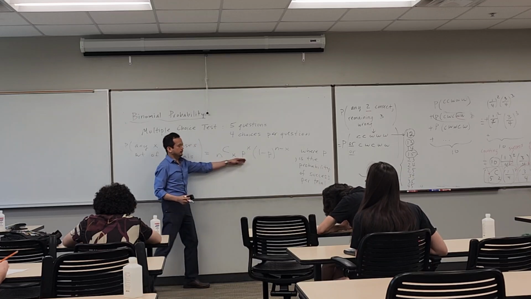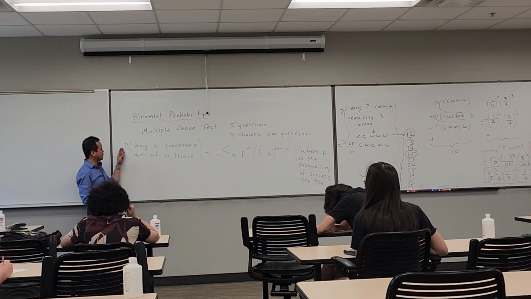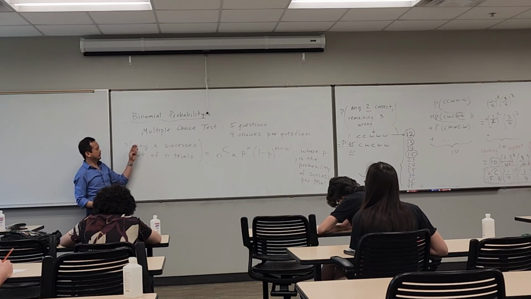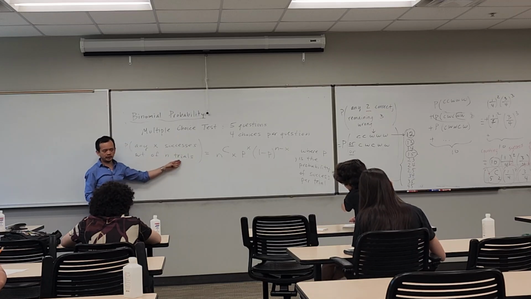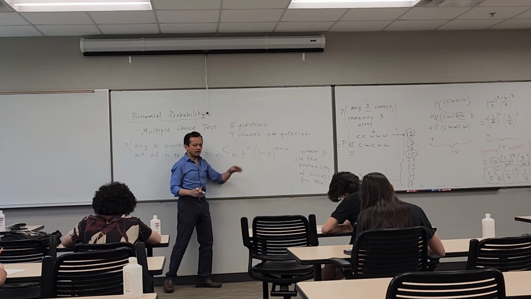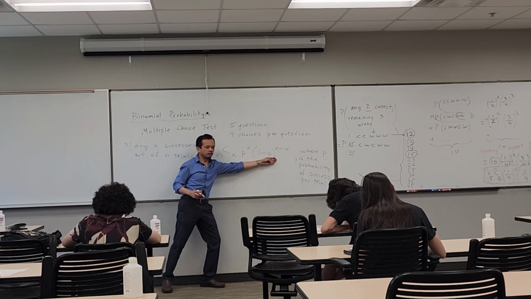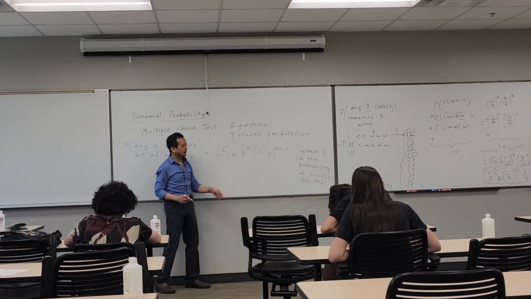So this is the general formula for the probability of any situation that has this structure, which is the probability of any number of successes out of another number of trials. In that case, as long as assumptions are met, which we'll talk about later, you can use this formula where you're just plugging in numbers.